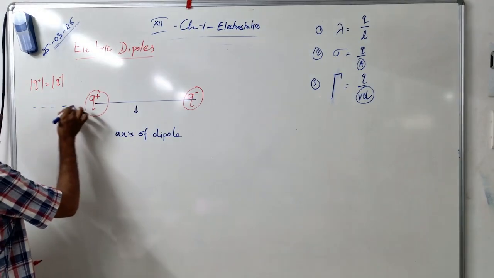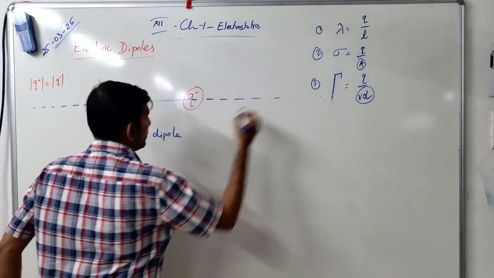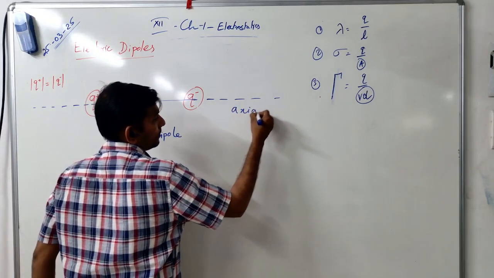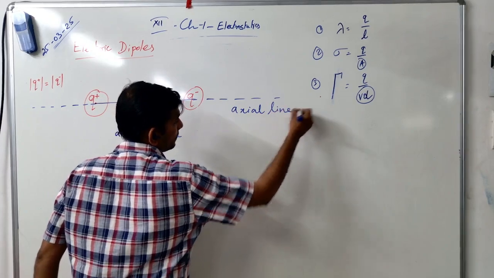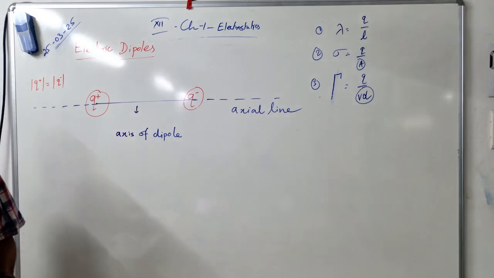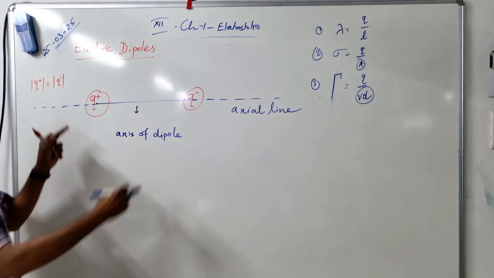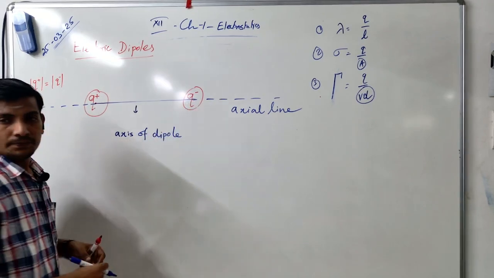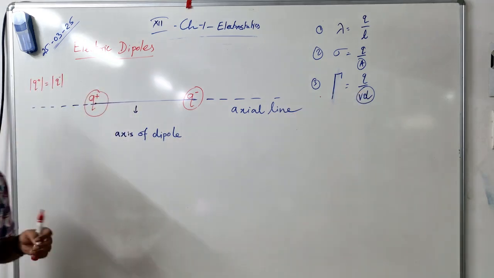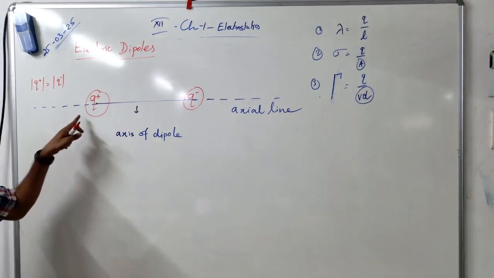If you extend this line on either side, it is called the axial line of the dipole. So the axis of the dipole is found between the two charges, and the axial line is the infinite line passing through the centers of the two charges of a dipole.